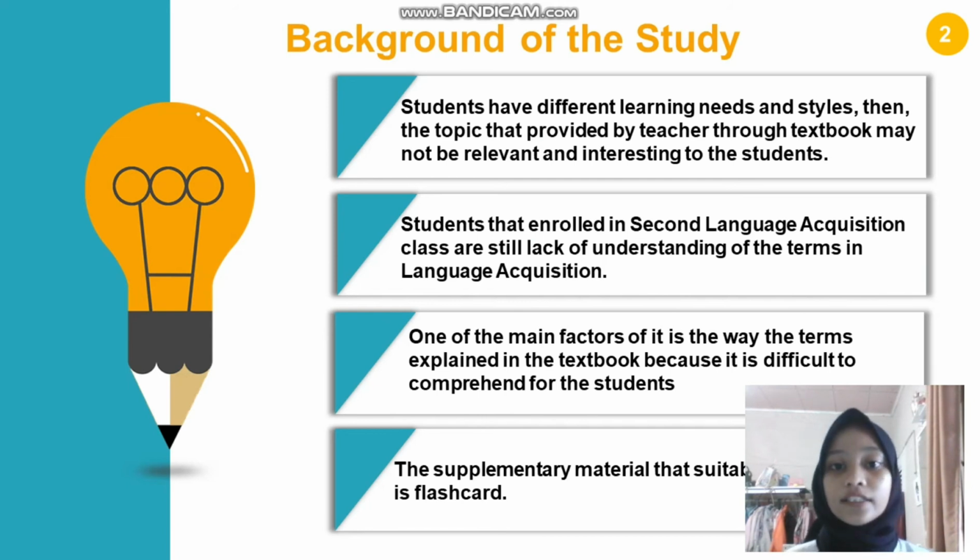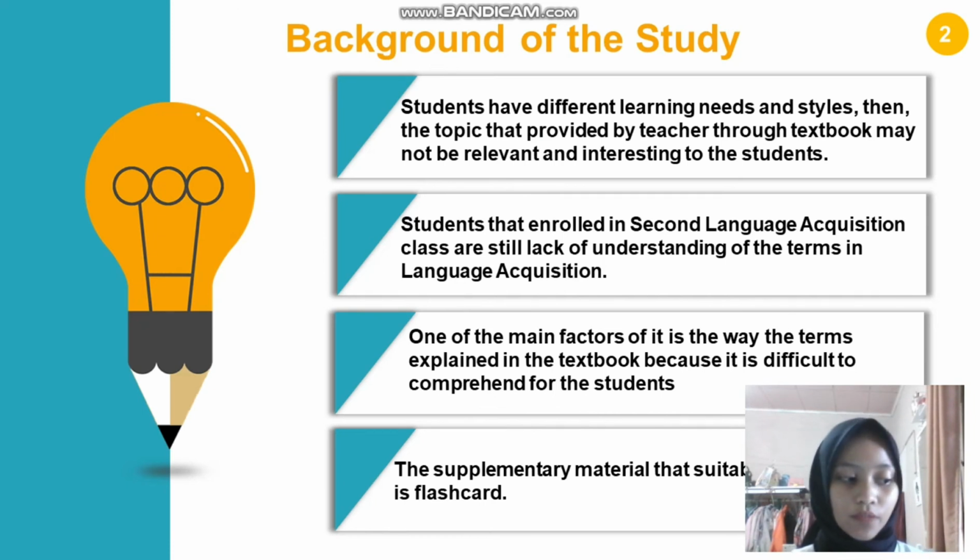And then, to enhance student interest and also knowledge, we need supplementary material. Supplementary material is additional material to the course.